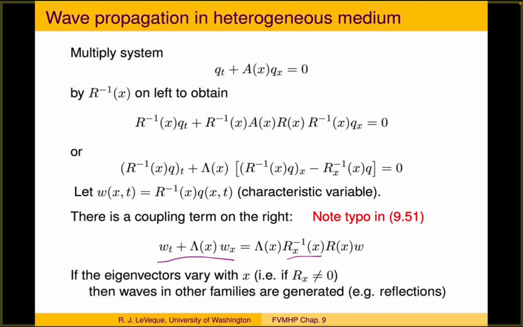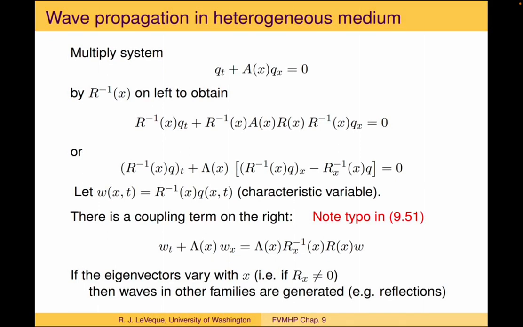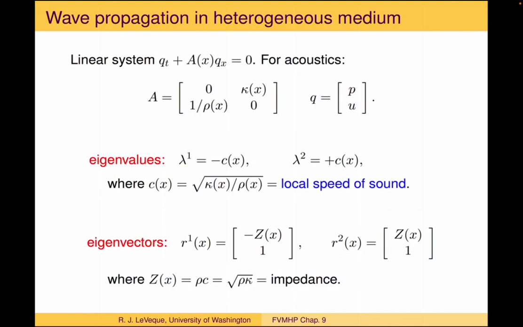And if you have continuously varying density and bulk modulus, then you can essentially have reflections going on constantly throughout your material. So we can't diagonalize in general. But we can still solve these problems with wave propagation type algorithms.